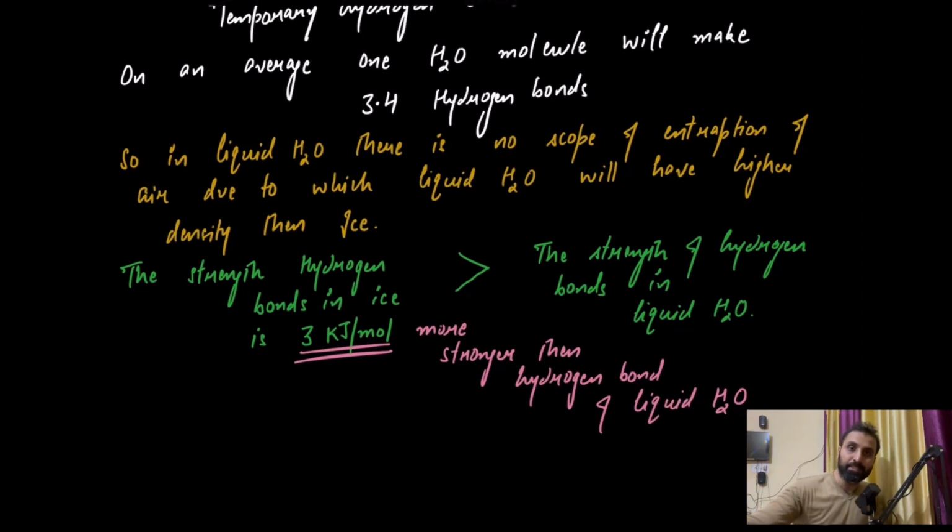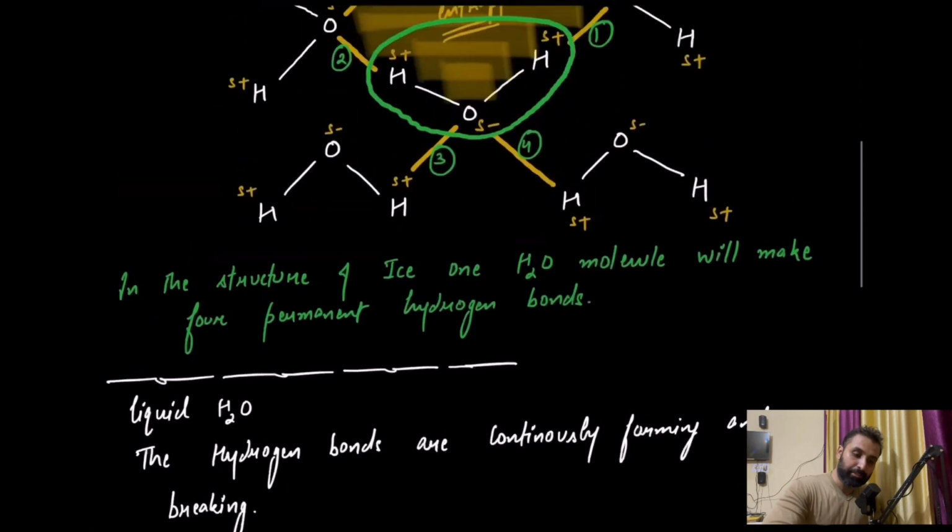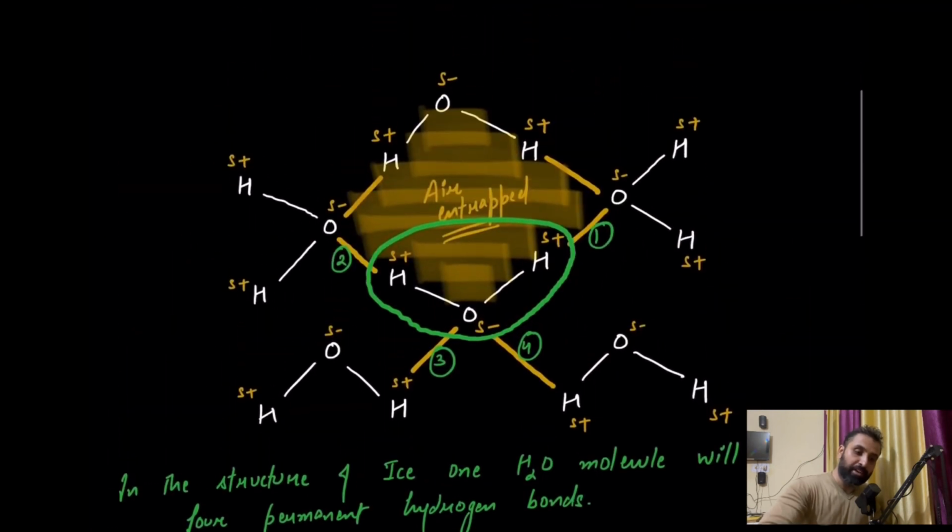So that's the reason why the density of ice is less than that of water. In case of ice, firstly, 4 H2O molecules will come closer to each other and form permanent hydrogen bonds, due to which there will be vacant air space, or we can say air entrapped between those 4 H2O molecules, due to which the density of ice will decrease.